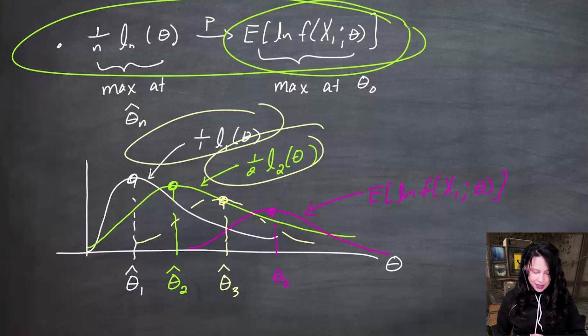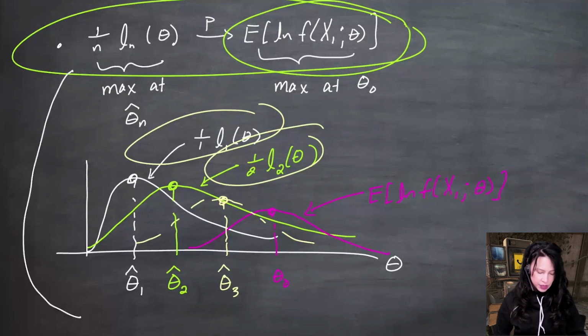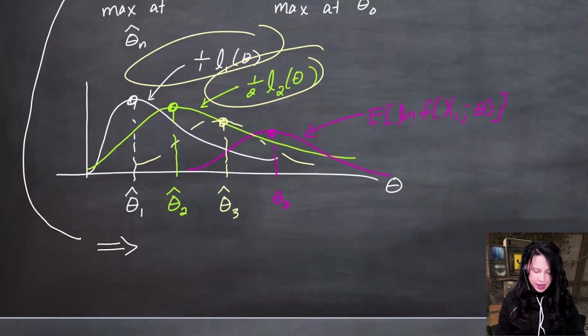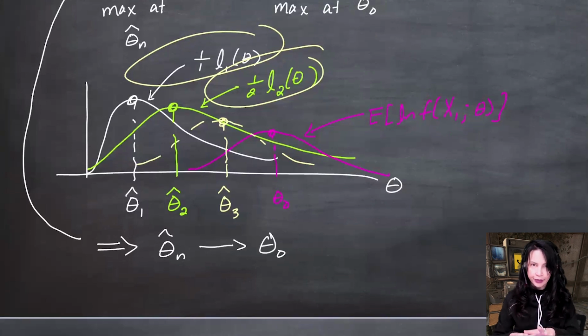So I claim that if you have this sequence of functions approaching the hard to see pink-purple function, the maximizers are approaching the maximizer of the pink-purple function. Some of you know that as an argmax, the argument that maximizes these functions. Again, I am going from this result to say that this implies that the maximizers are approaching the maximizer of the final limiting function in probability.